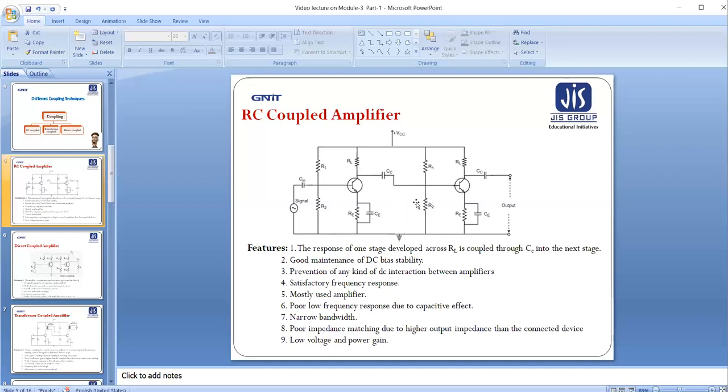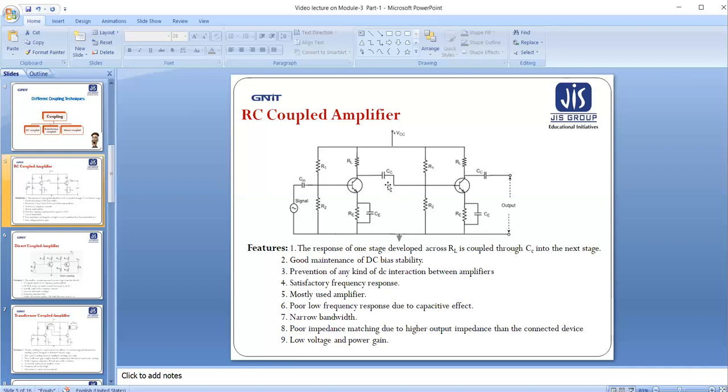But here, as I have no load but another CE amplifier, the capacitor CC will behave as the input coupling capacitor for the second stage and the output coupling capacitor for the first stage.